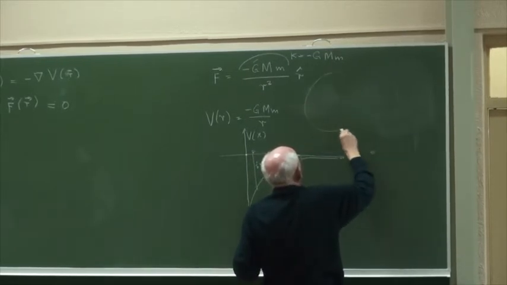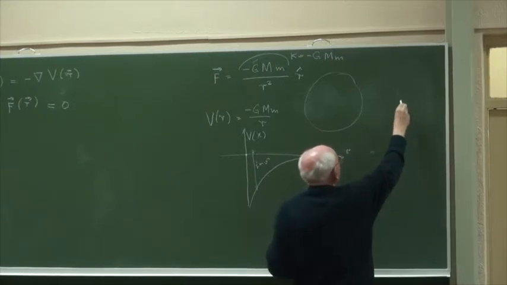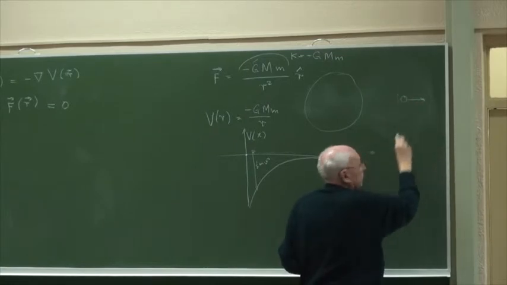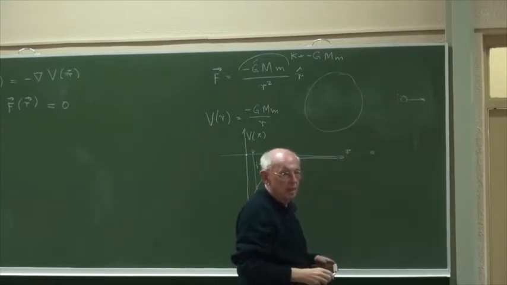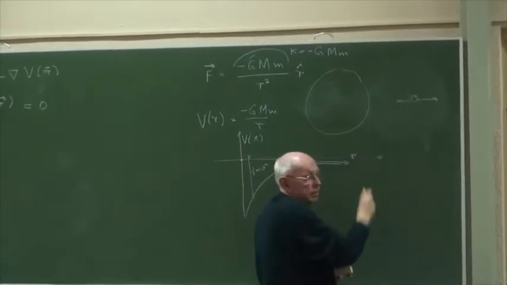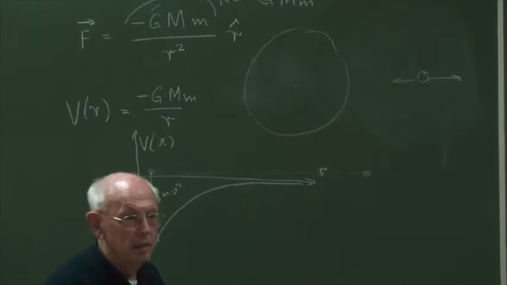I'll draw the big guy here, and the small guy here. And now this is the positive R direction. But the force is in that direction. Okay? Because they attract each other.